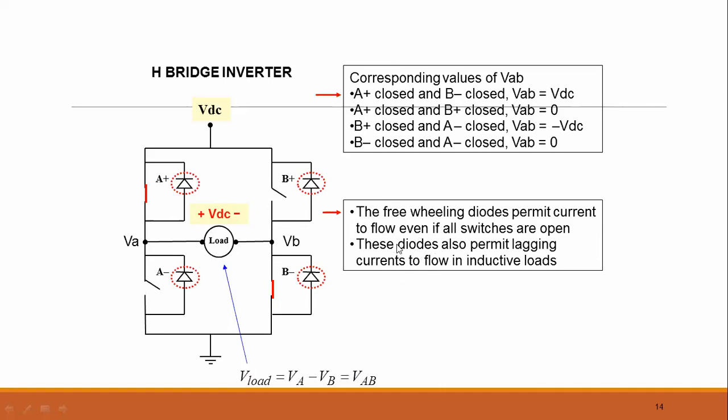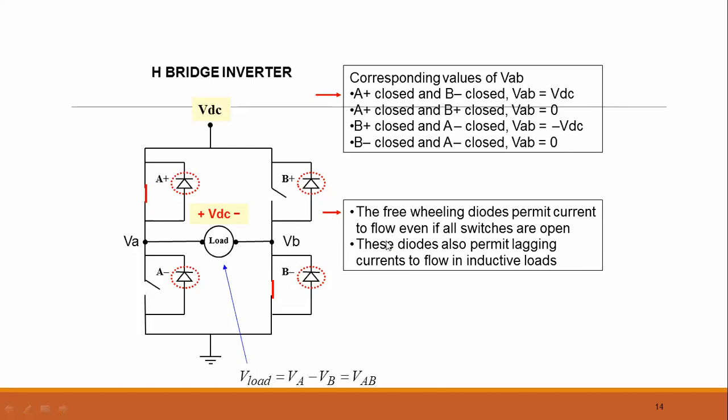I have mentioned already that if we are using inductive loads, then diodes are required over here. But if the load is resistive, there is no need of an inductor and no need of diodes over here.